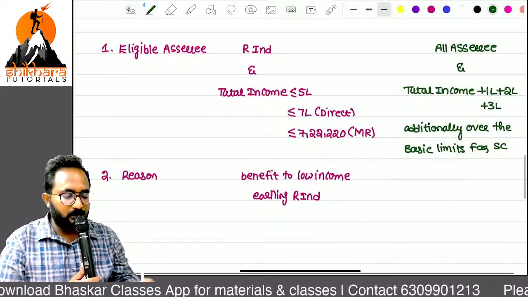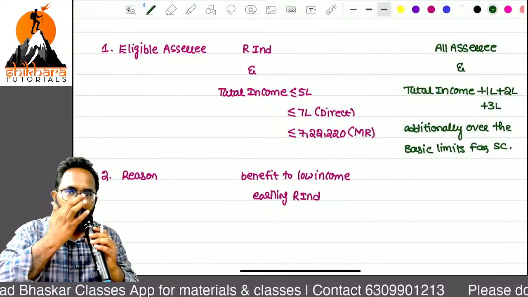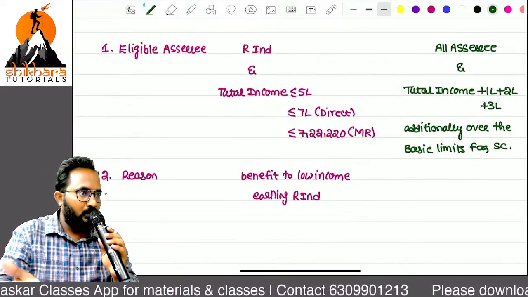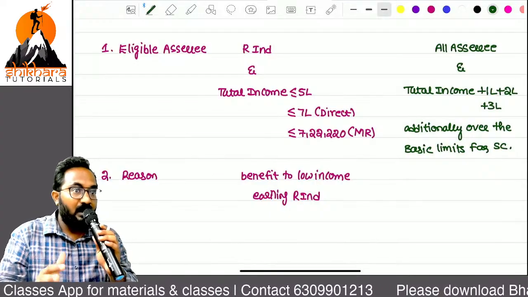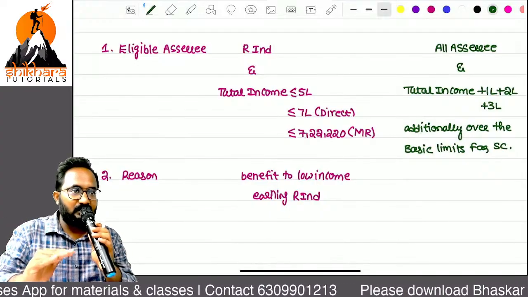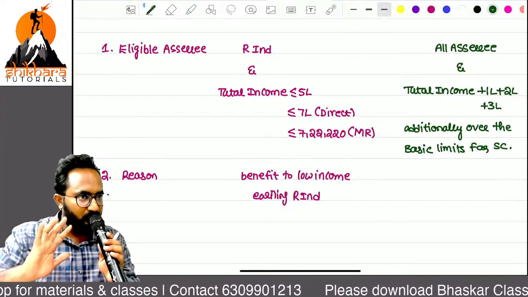So what are the basic limits for surcharge? 50 lakh, 1 crore, 2 crore, 5 crore, and in case of companies and partnership firms, generally 10 crores also.